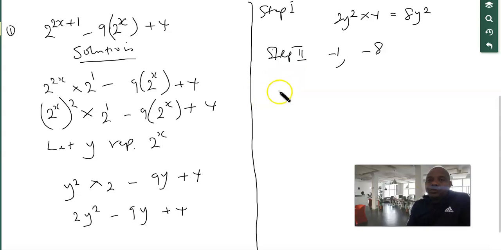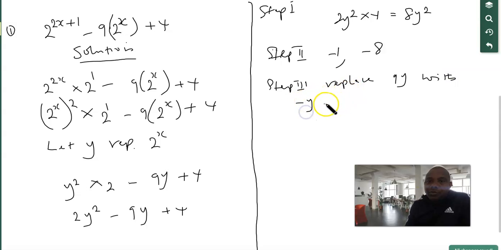Having the two numbers, step 3 is to replace 9y with minus y and minus 8y.